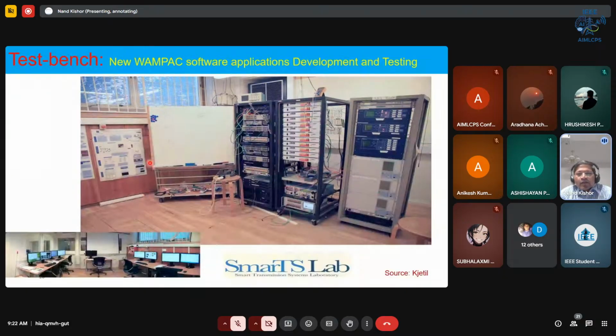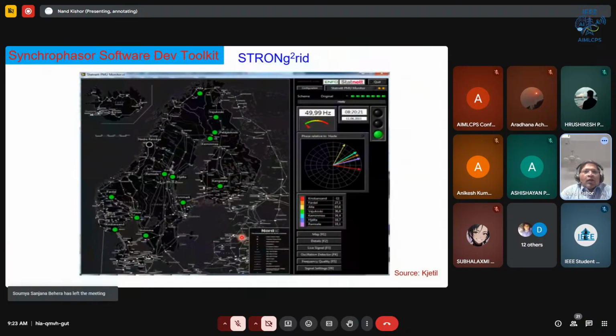This is, in fact, an image from one of the test benches in the implementation of the WARP pack software application. This was in the lab at KTH University. As a part of this application that could be applied to the TSO, here it shows the software that we have developed for the project.